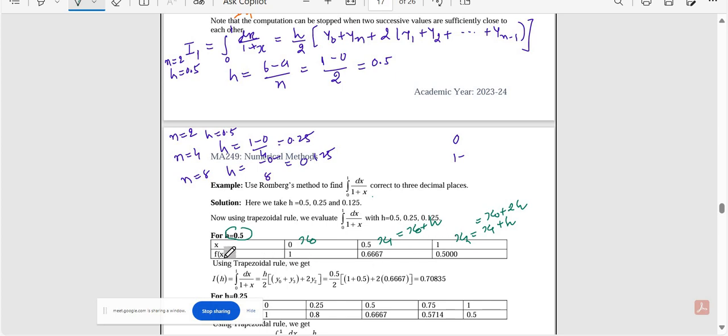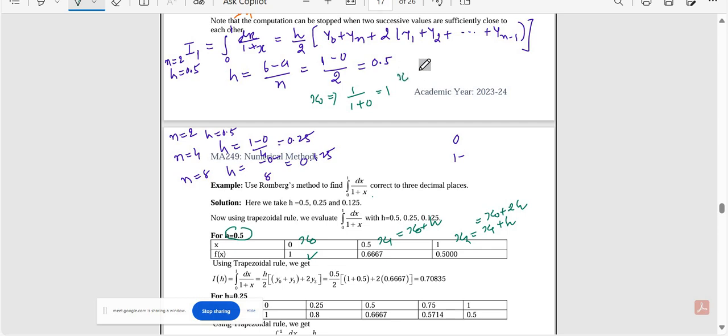Now find the value of f of x at x0 is equal to 0. At x0 that will be 1 upon 1 plus 0, so that gives me 1. So your y0 will be 1.